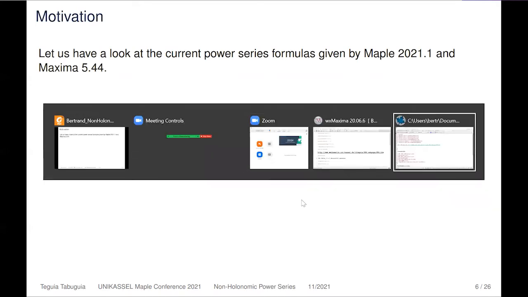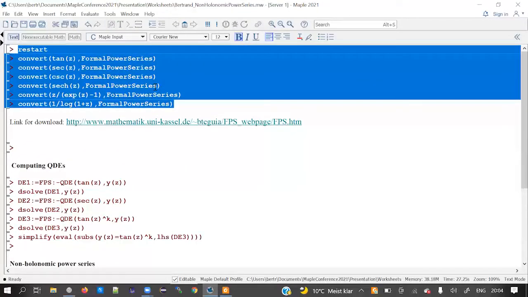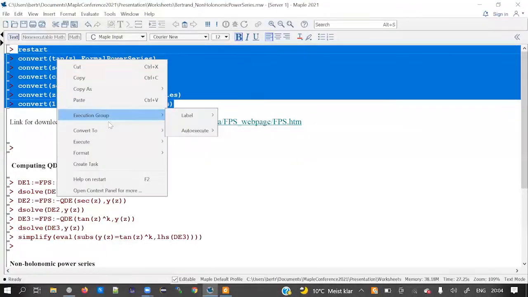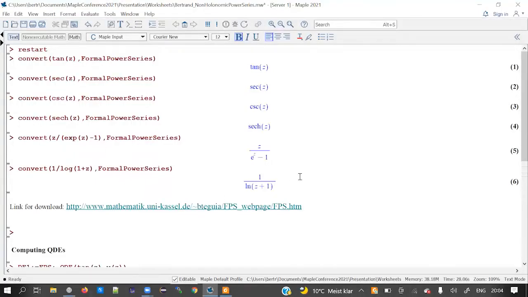If we take, for example, Maple, here are the inputs. If you want to find the power series formula of a given expression in Maple, we think of using the FormalPowerSeries package, which finds the power series formula. If you try to compute the power series for all these inputs, you see that the input is returned as output.